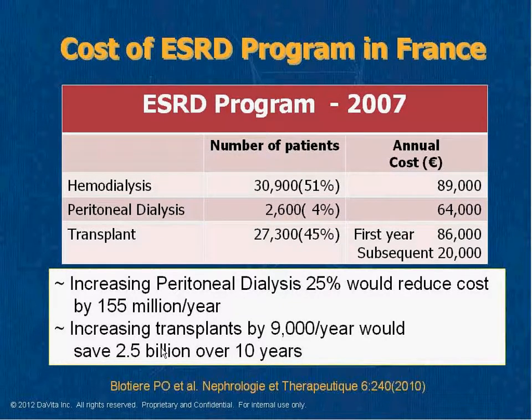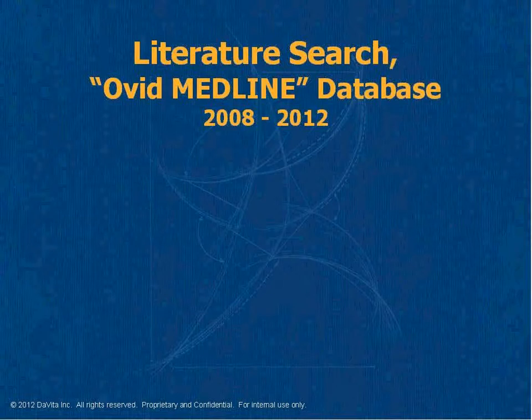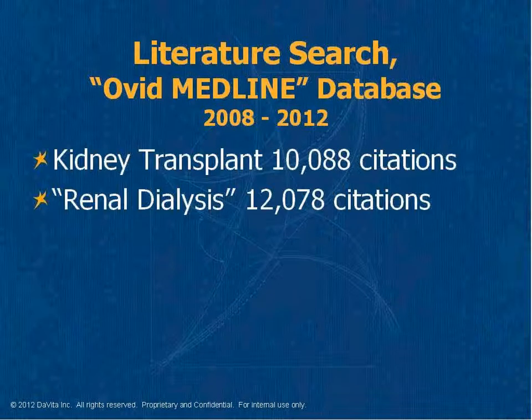Now, I mentioned to you that information on the topic of discussion this morning is rather limited. This slide is an example of the problem. Of MEDLINE citations over 4 years, there were 10,088 citations for kidney transplant and 12,078 for renal dialysis.